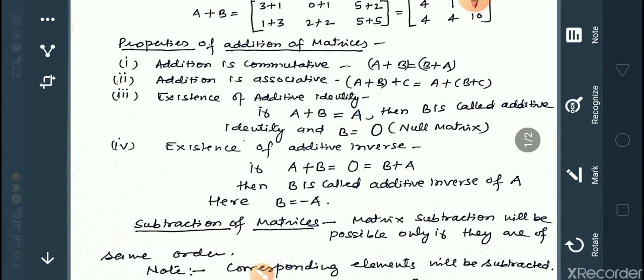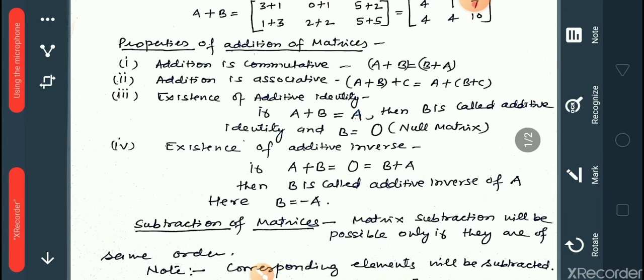Now existence of additive identity. What is an additive identity? If you recall, the additive identity of a natural number, or of an integer, is 0, because if you add 0 you will get the number itself. So here which matrix can satisfy this property?